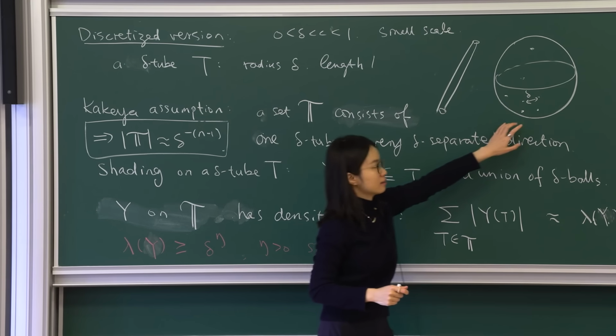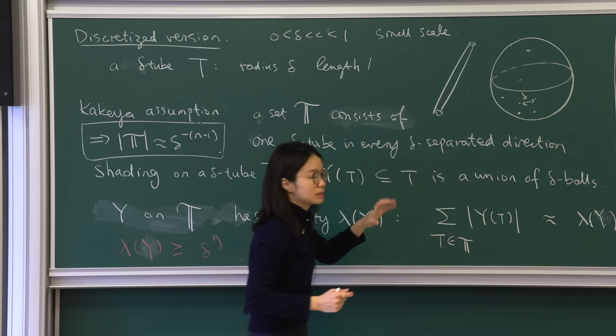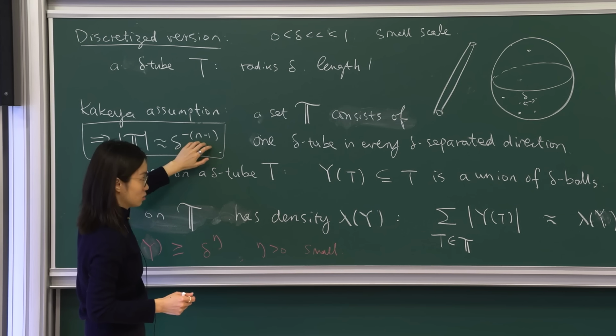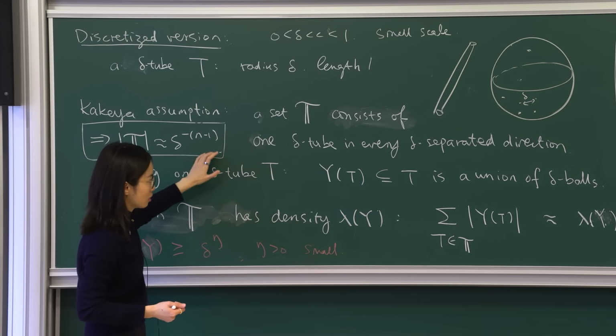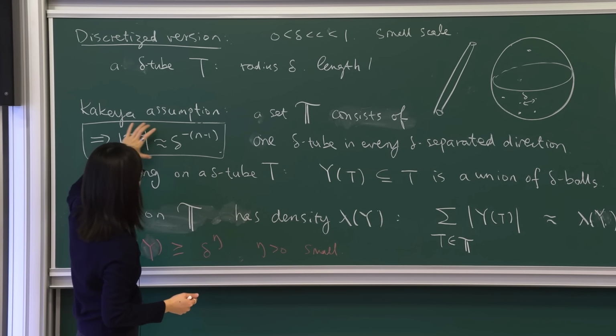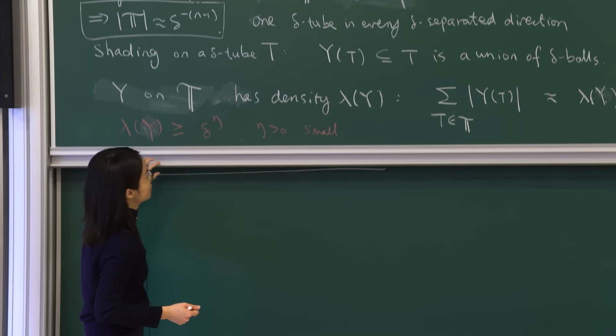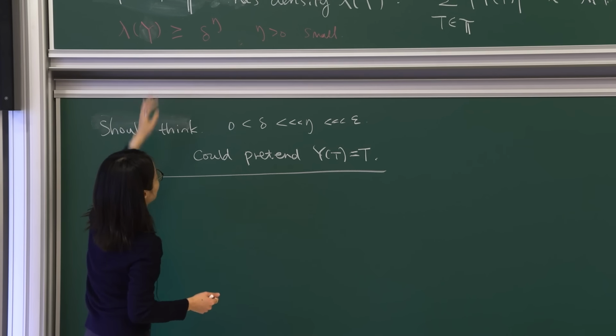Because if we take a delta net on the unit sphere in R^n, then there are roughly delta to the minus n minus 1 many points and many directions, and in each direction we have one and only one delta tube. So the number of delta tubes is roughly delta to the minus n minus 1.